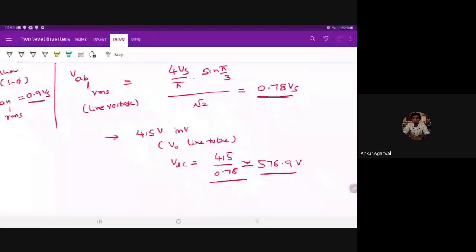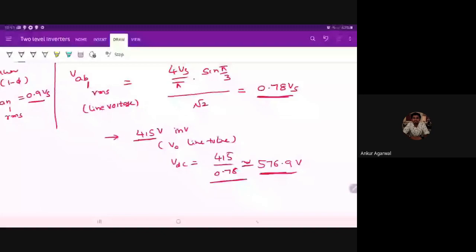So if you want to design a three-phase inverter, especially in square wave mode, you need to select at least 576.9 volts so that you can get this 415 volts.